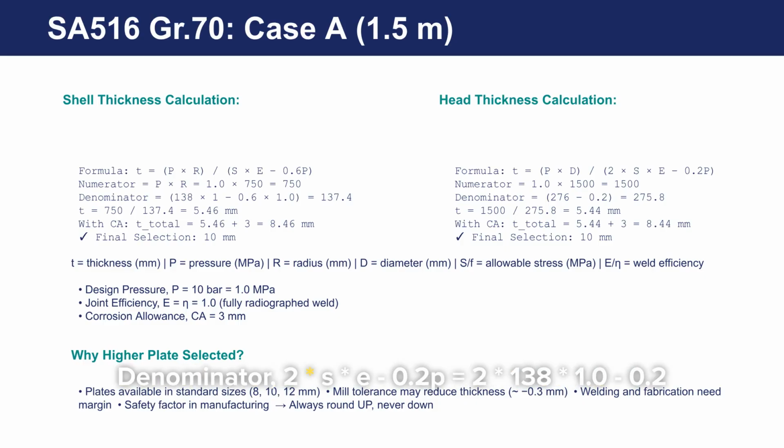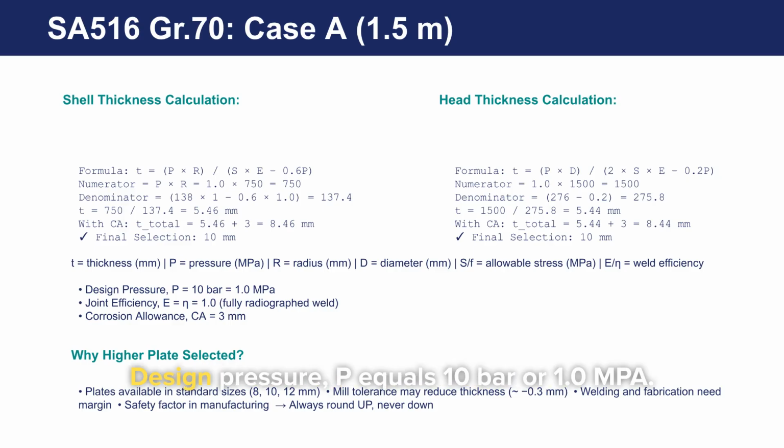Denominator, 2 times S times E minus 0.2 P equals 2 times 138 times 1.0 minus 0.2 times 1.0 equals 275.8. Thus, T equals 1500 divided by 275.8 equals 5.44 millimeters. Including corrosion allowance of 3 millimeters, T total equals 5.44 plus 3 equals 8.46 millimeters. Final selected thickness, 10 millimeters.